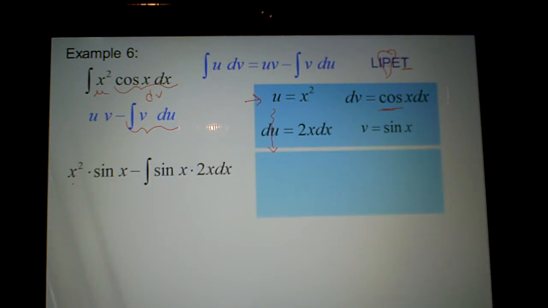So here's the first run through, integration by parts, and here's going to be the second run through. Imagine this is a bit of a bummer if I had given you x to the fifth or something like that, right? Boo.